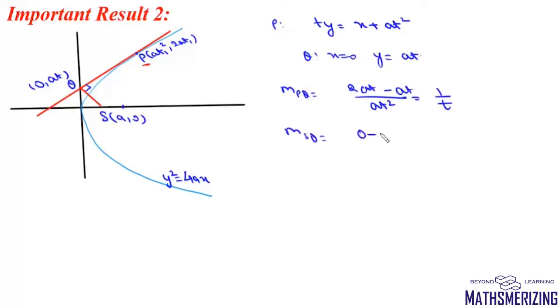It will be 0 minus at upon a, and it is minus t. So the product of slopes m_PQ into m_SQ is minus 1. That simply means this Q is the foot of perpendicular from focus. So the result is: the foot of perpendicular drawn from focus to any tangent to a parabola will intersect the tangent drawn at vertex of the parabola.